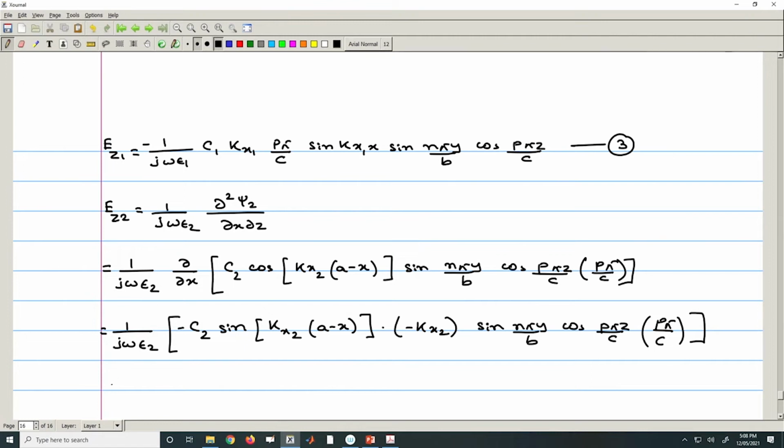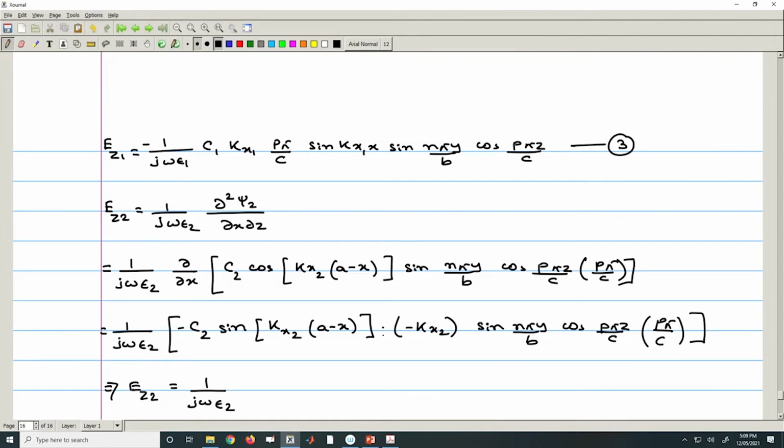Therefore, we can write Ez2 as 1 upon jωε2. This minus and this minus will become plus.